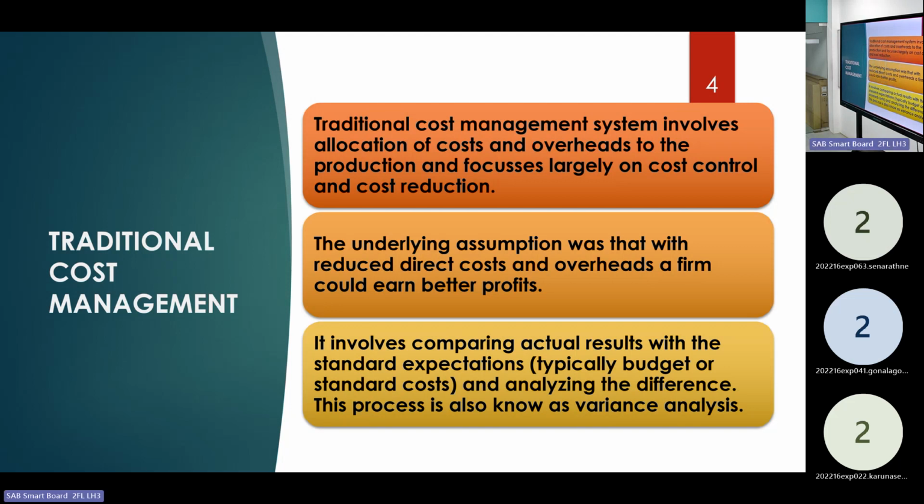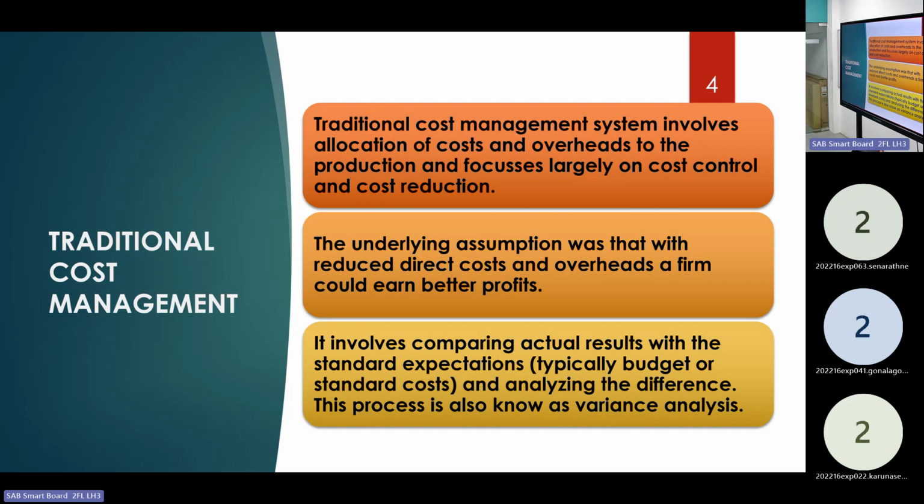Even what we discussed last week, activity-based costing, and traditional overhead absorption come under traditional cost management, the original part: allocating the cost to cost objects and largely focusing on controlling and reducing cost.